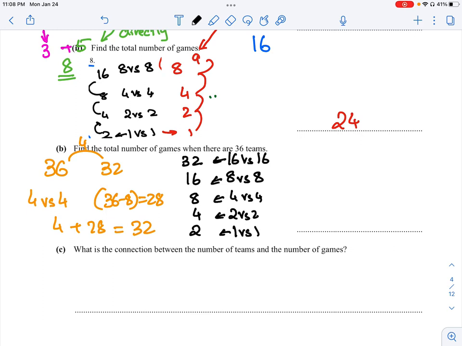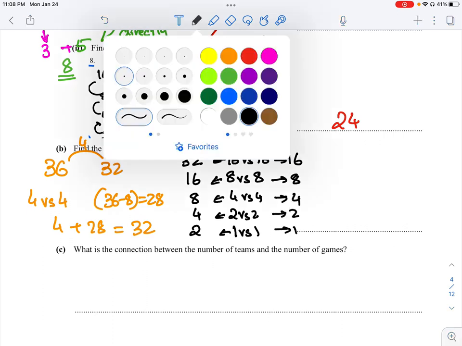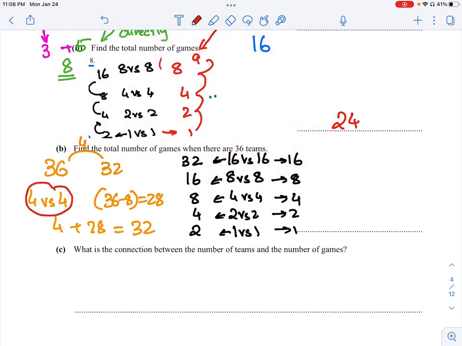So how many games are being played? 16 games over here, 8 games, 4 games, 2 games, 1 game, and don't forget to add this 4 versus 4, 4 games over there. So when I add all this, 4 plus 16 is 20, 28, 32, 34, 35. You can see it is 35.